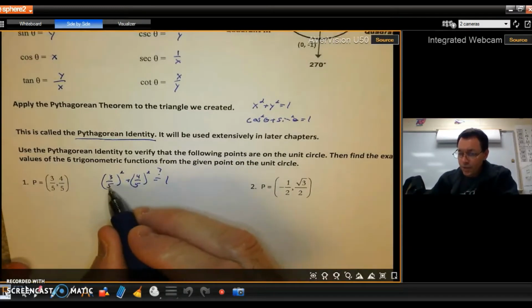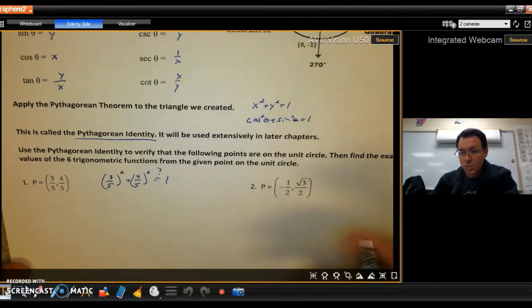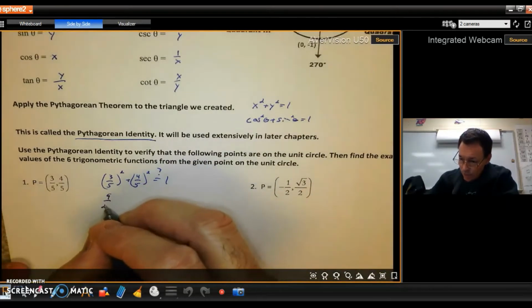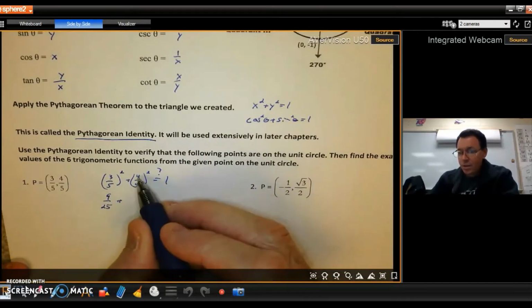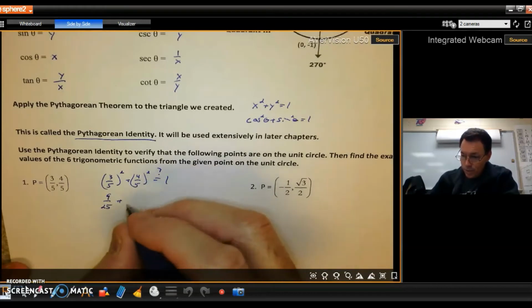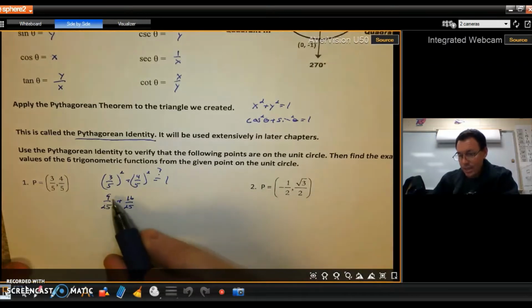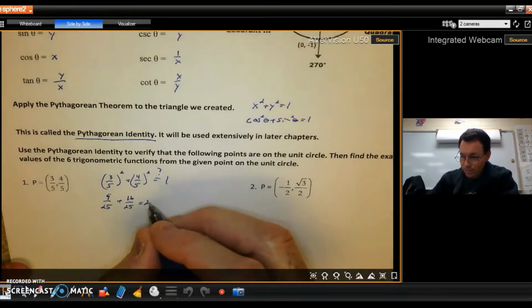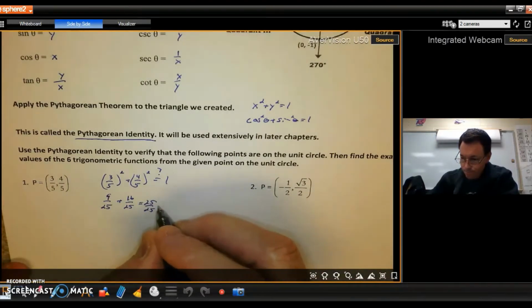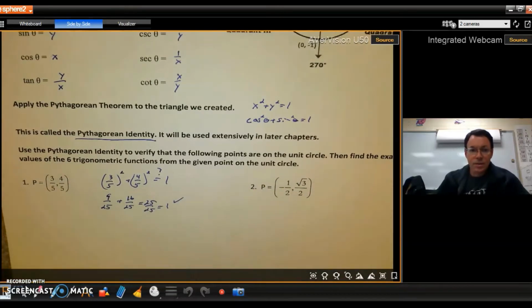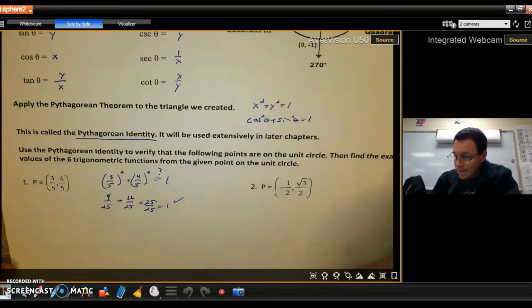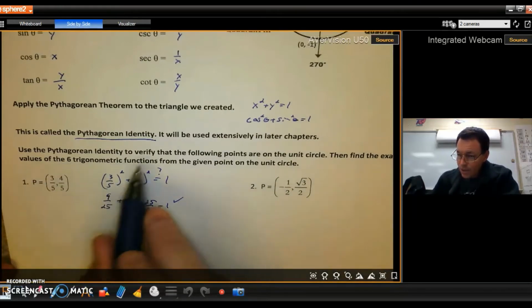Okay? 3/5 squared, well, 3/5 times 3/5 is 9/25. 4 squared and 5 squared, that's going to be 16/25. And 9 plus 16 is 25. So yeah, that is a point on the unit circle because the x and the y work in the Pythagorean theorem.